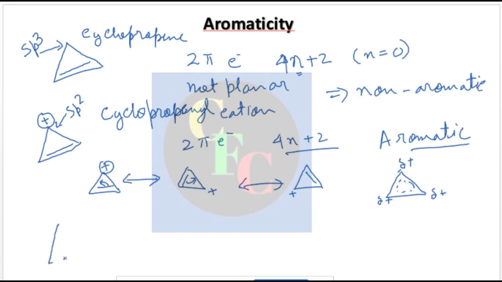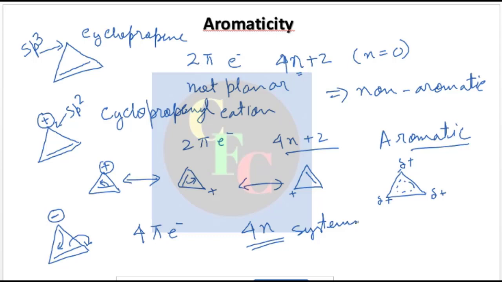And one more: now if you have a minus here, then also you can draw this kind of resonance structures, right? You can put the structure here and negative charge here, so they are cyclic, planar, uninterrupted systems. But you see here, now you have 4 pi electrons, so this is the 4n system.